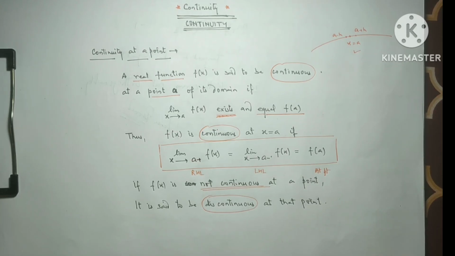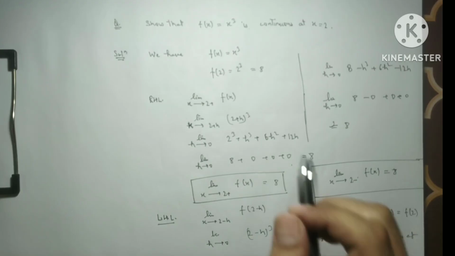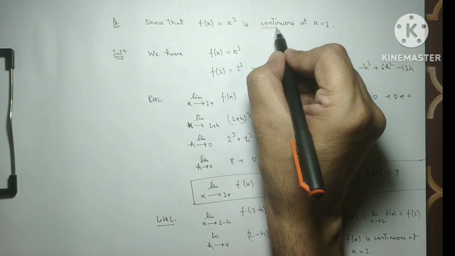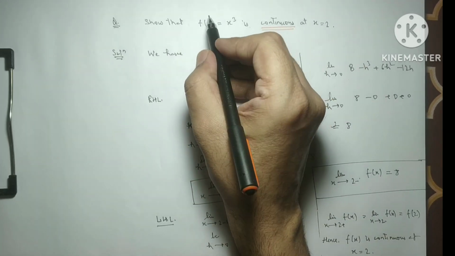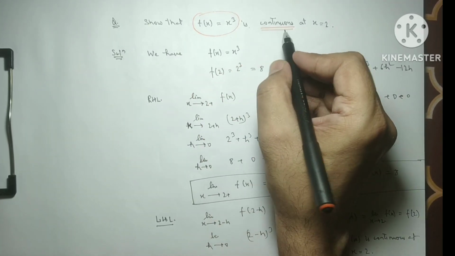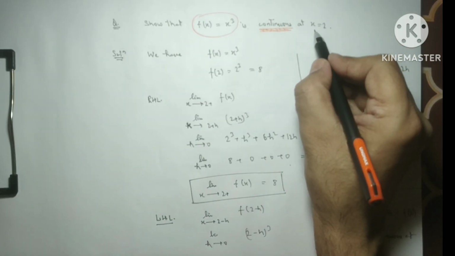Now we are taking an example. We are taking this question for showing the given function f(x) equals x cube is continuous. We have to show it at the point x equals 2.